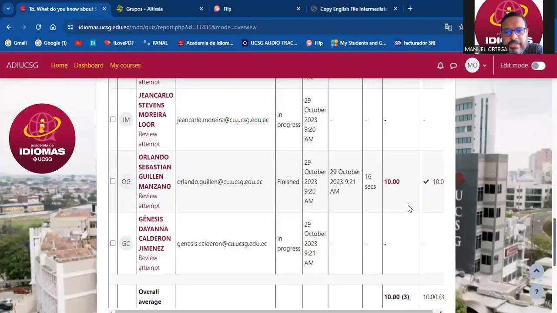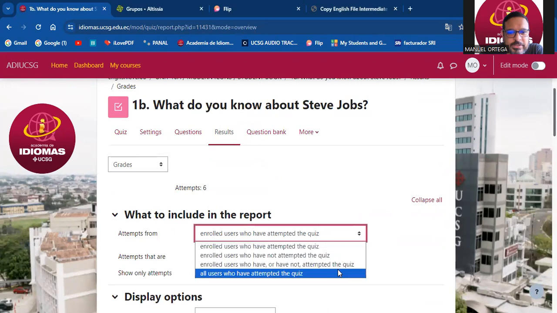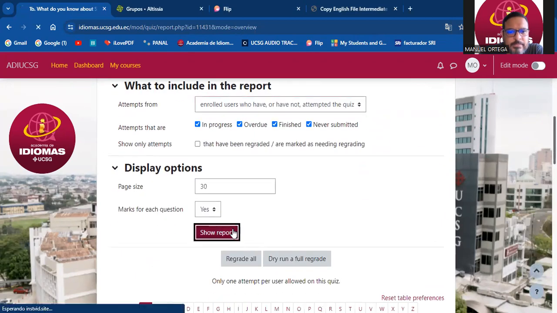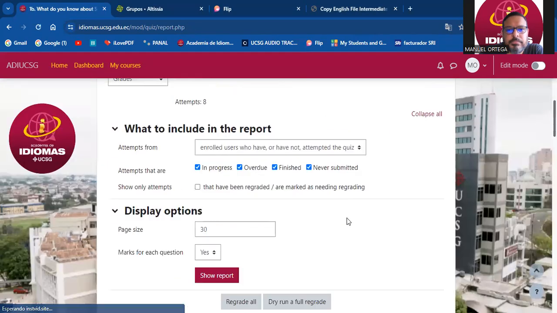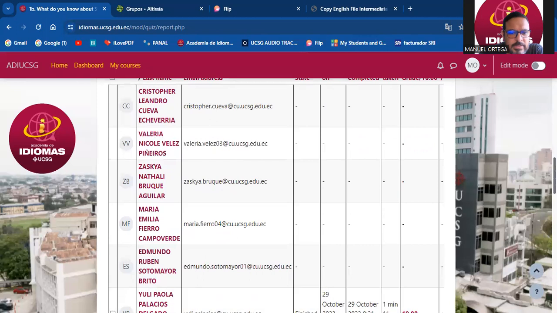I got already 6 attempts. Thank you so much to the ones that have started working on it. I got 8, but I need 3 more attempts. With the attendance, just to confirm, Sotomayor, Vélez, Cueva.